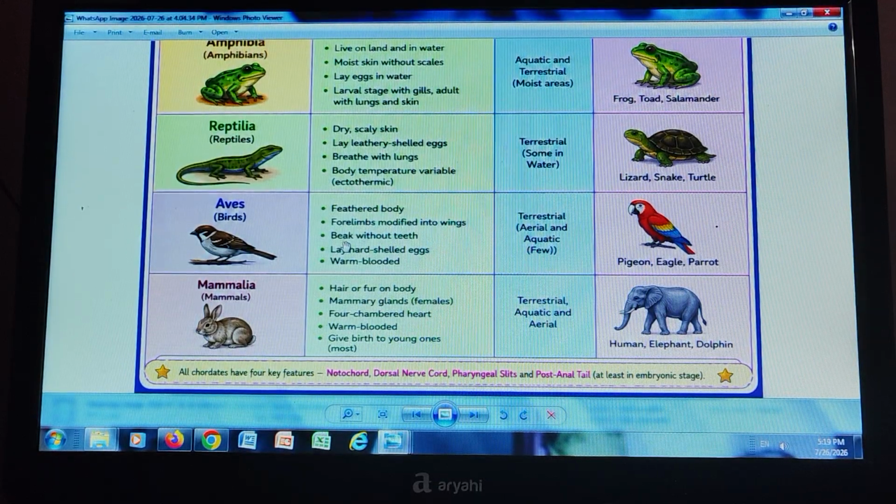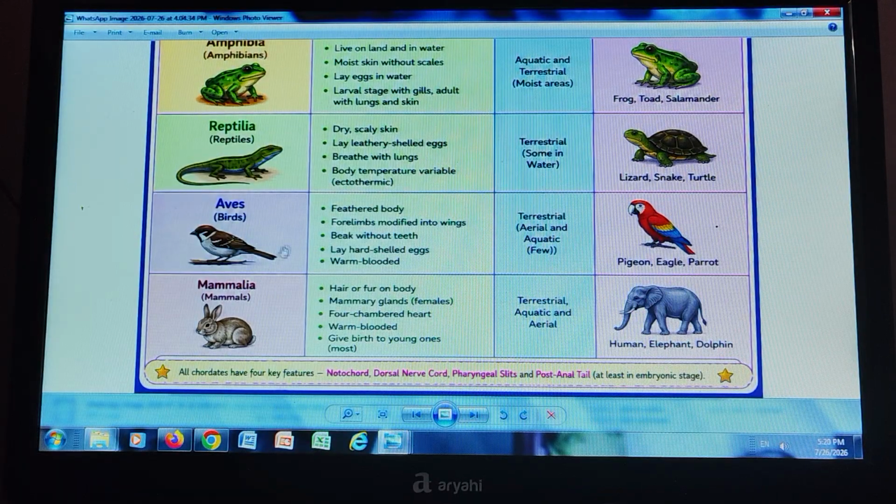Remember this. And a beak without teeth will also be present. They are also oviparous animals. They are warm-blooded, so according to the atmospheric temperature, body temperature will not vary. They are terrestrial, aerial, and few are aquatic. Those who are flying have pneumatic bones, so that means air will be filled in the bones.